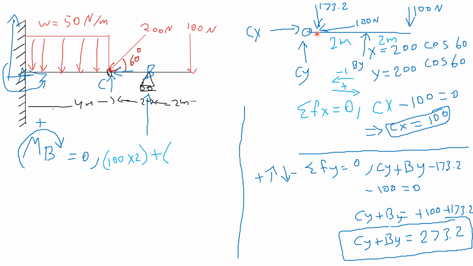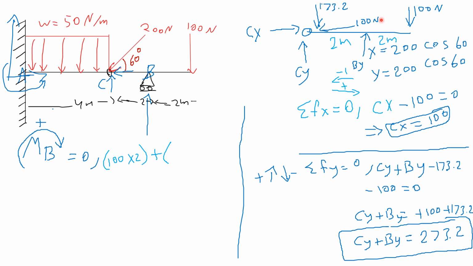We got the Cx, which goes right through the By, and we got the 100, whose line of action extends from here, so it goes through the point B. So this and this will equal 0. So what I actually have is the Cy and the 173. So I got 173.2 multiplied by 2, and I got the Cy multiplied by 2, and the 173 is going to be minus because it's in the opposite direction of the clockwise.